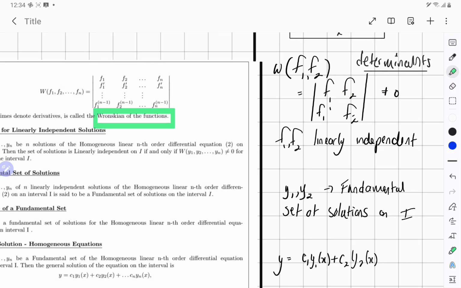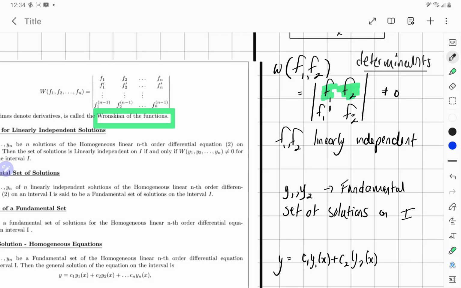But in this case, how do we set up the determinant? We will write the two functions in the first row, because remember, I'm busy with a second order, and a second order will have two solutions. So hence f1, f2. What will I write then in the second row?